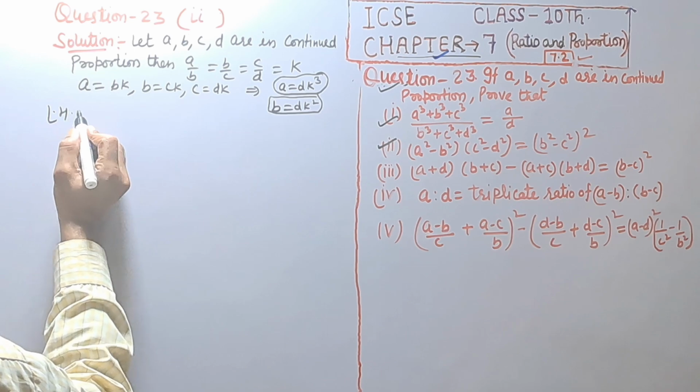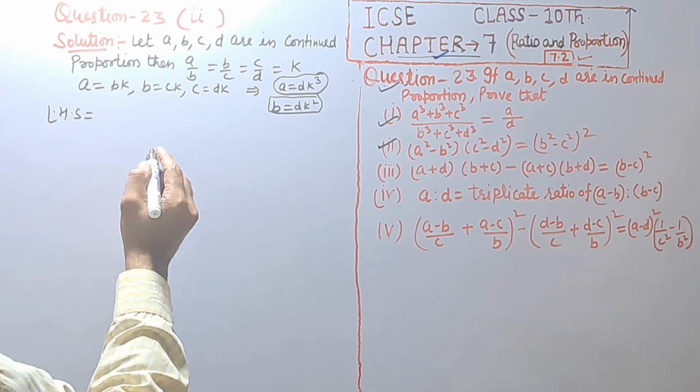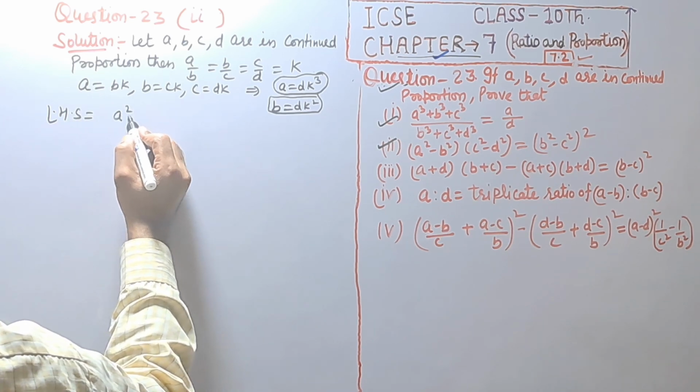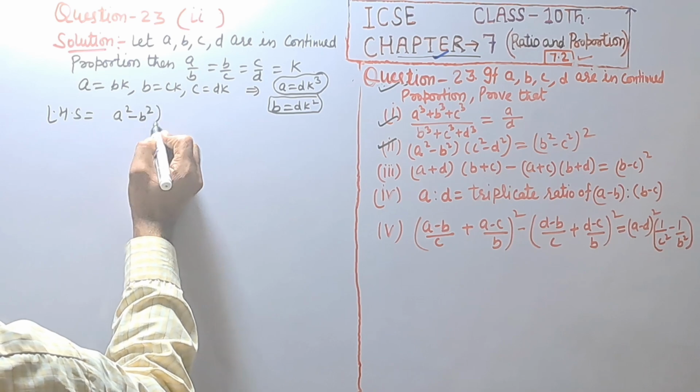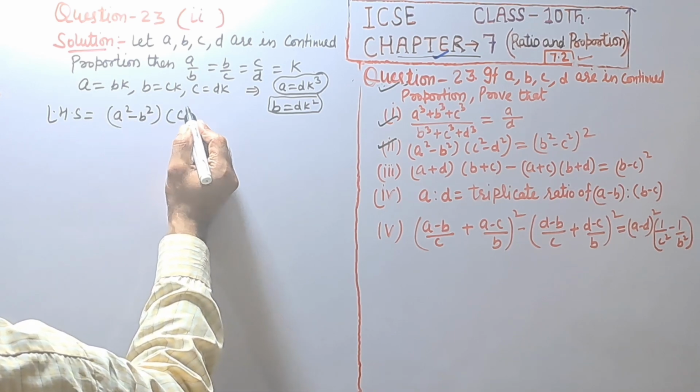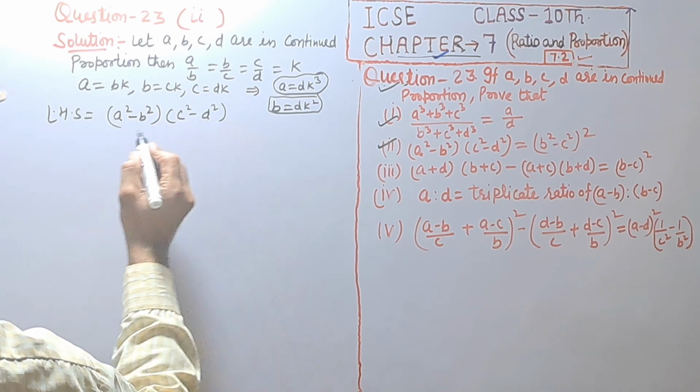Taking left hand side, that is a square minus b square into c square minus d square.